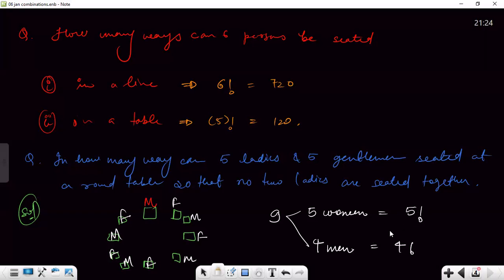They are dependent tasks because they affect the sitting at the table. So 5 factorial into 4 factorial should be the answer, which is 120 into 24, that is 2880. This should be the answer. 2,880 ways are there for 10 persons to sit in this specific manner.